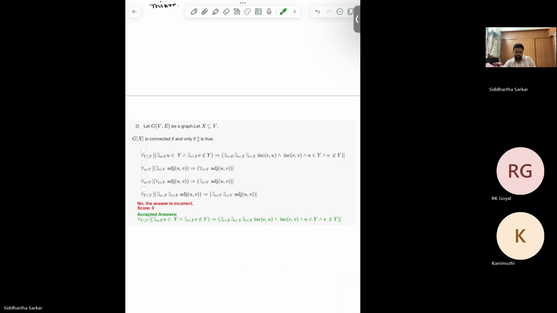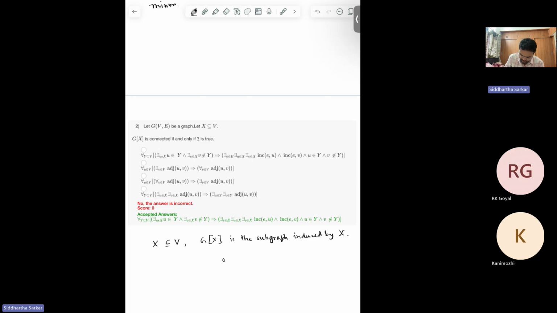This is about finding, certain things have to be told. Okay, so G of X means, in a graph G, X is a subset of V, and G of X is the subgraph induced by X. So what is the meaning of that?